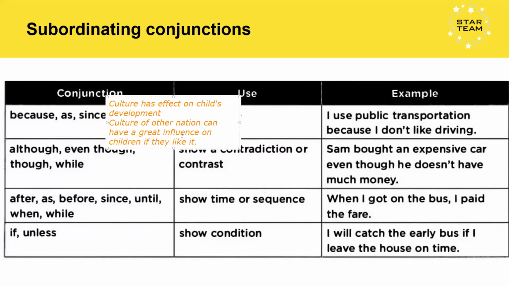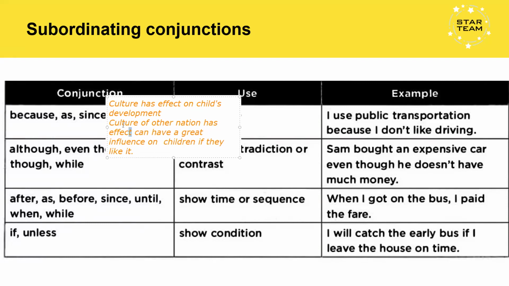Can have a great influence. We can use the words has effect on instead of influence, because we repeated the word influence a lot of times. Culture of other nation has effect on children development.